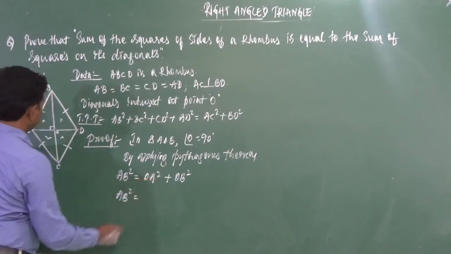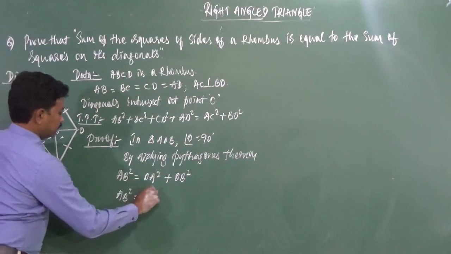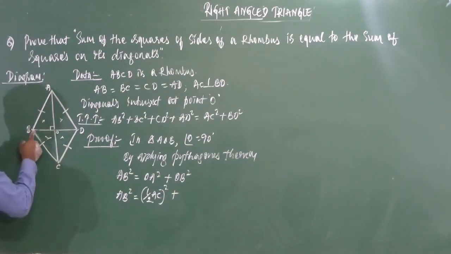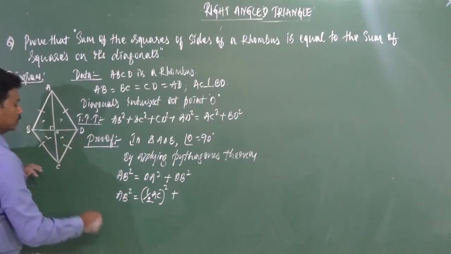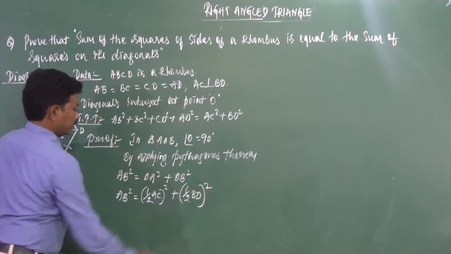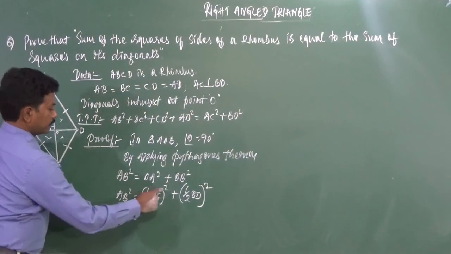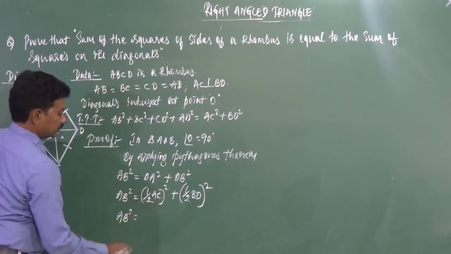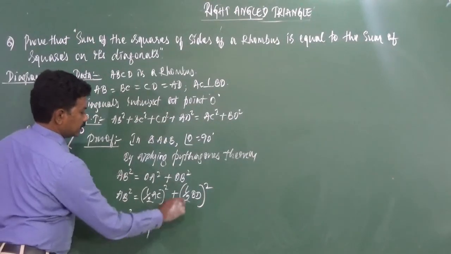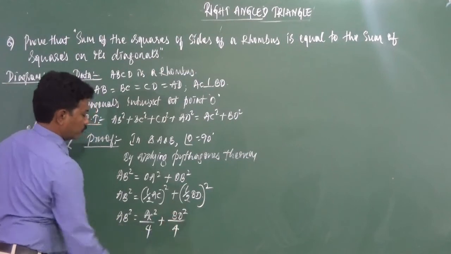So instead of OA I am going to write half of AC whole square plus, instead of OB, half of BD whole square. The square applies to all the elements, so that becomes AC square by 4 plus BD square by 4.